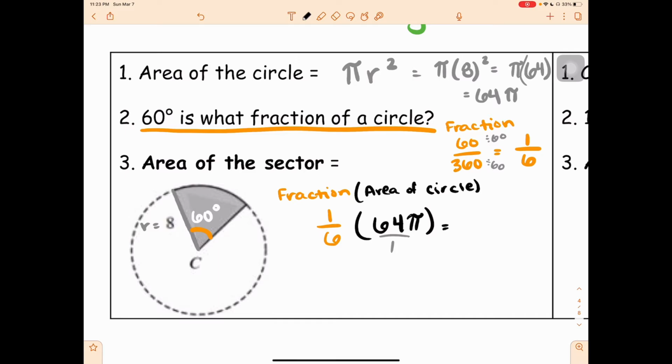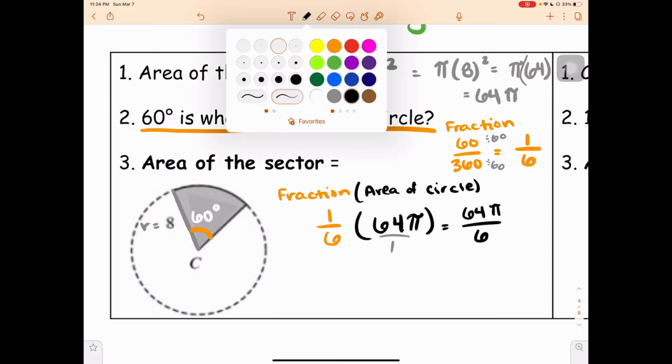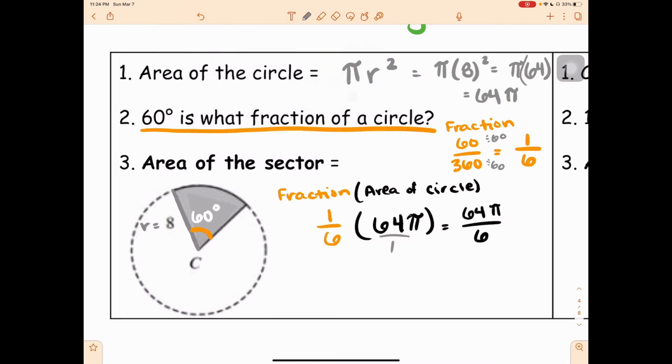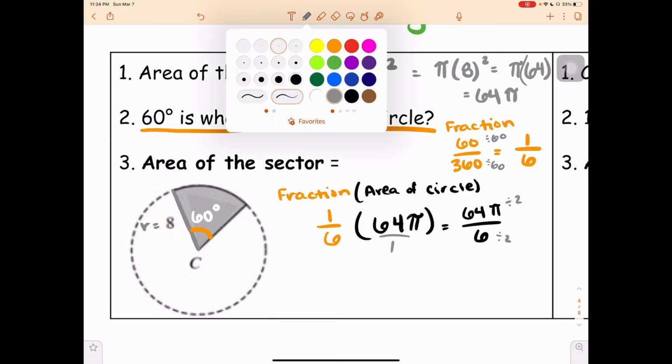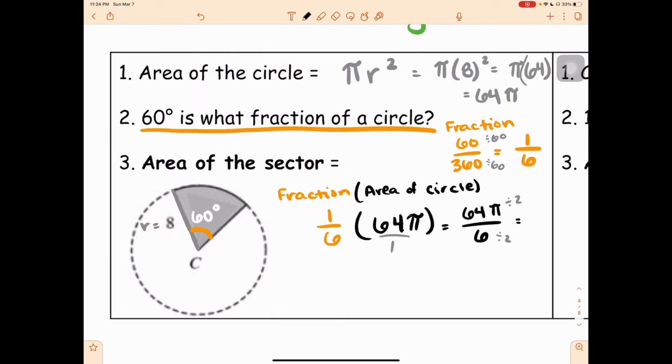So this is going to be 1 times 64 pi is 64 pi. 6 times 1 is 6. And then again, you might see this as a reduced fraction on the test. So to reduce this fraction, we see that they're both divisible by 2. So 64 pi divided by 2 would be 32 pi. 6 divided by 2 is 3.